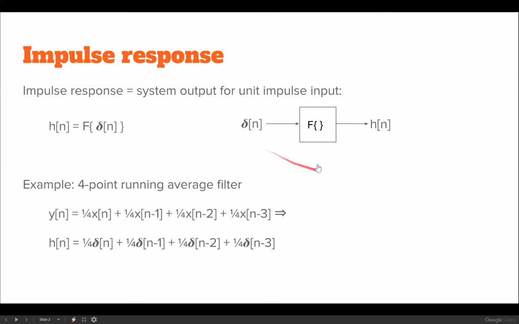Impulse in, here is a system, whatever the system is, linear, non-linear, causal, non-causal, stable, unstable, whatever it is, the impulse response is defined like that.